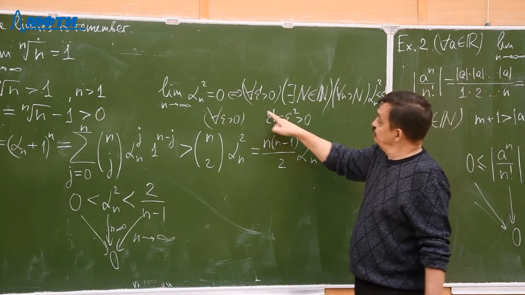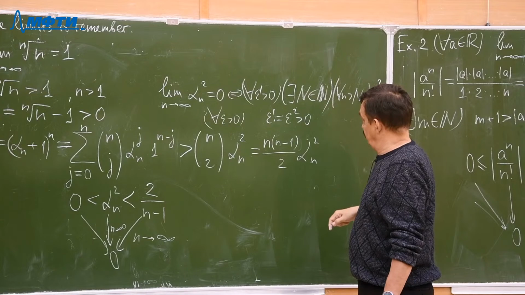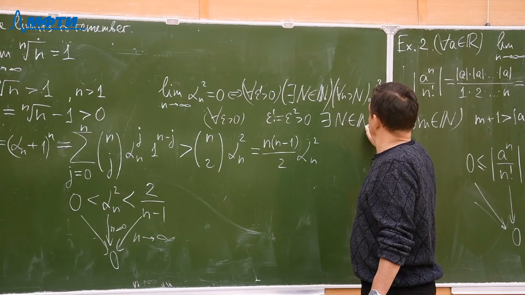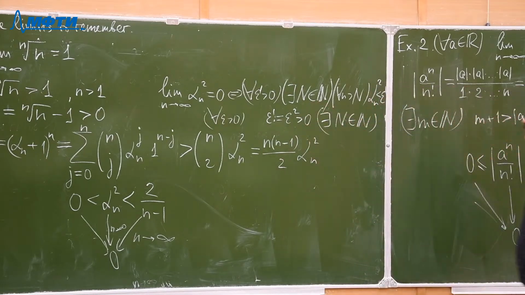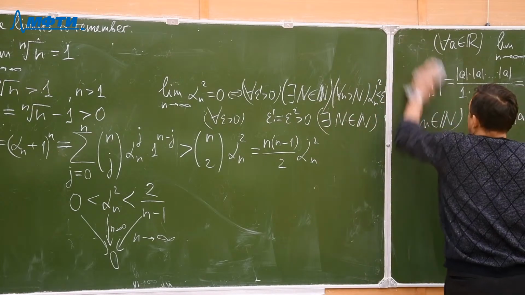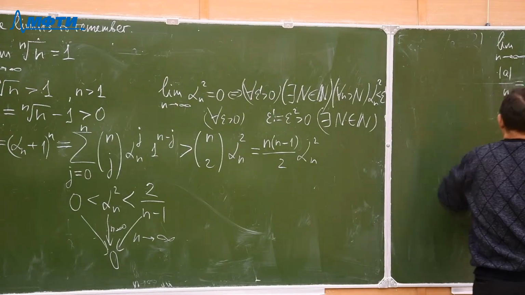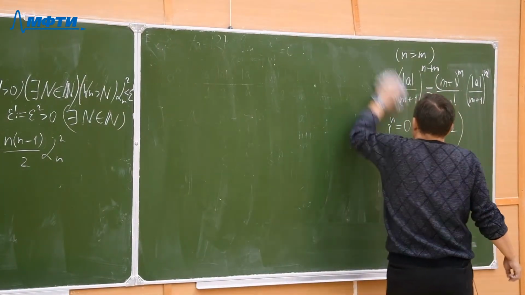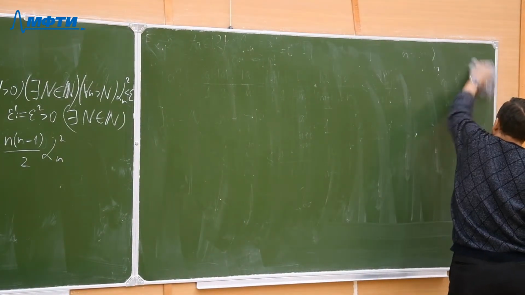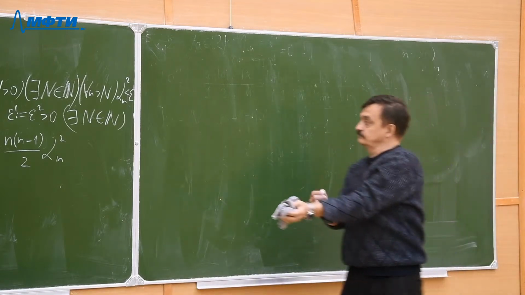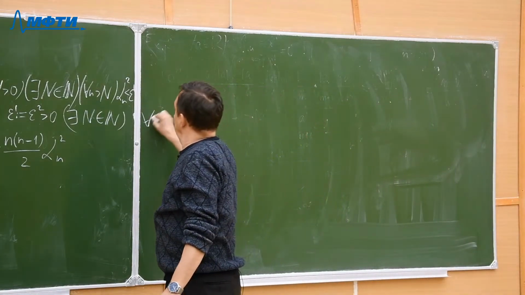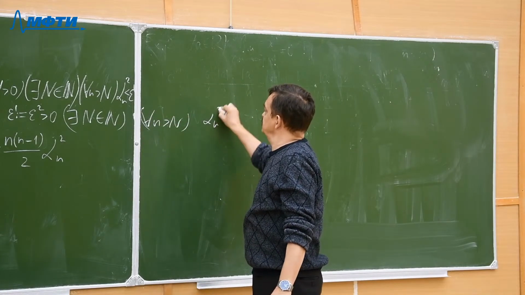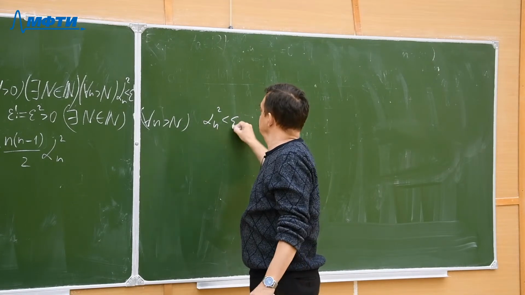For this epsilon prime, we can choose capital N. So we find capital N such that for all n greater than N, we have alpha n squared less than epsilon squared.